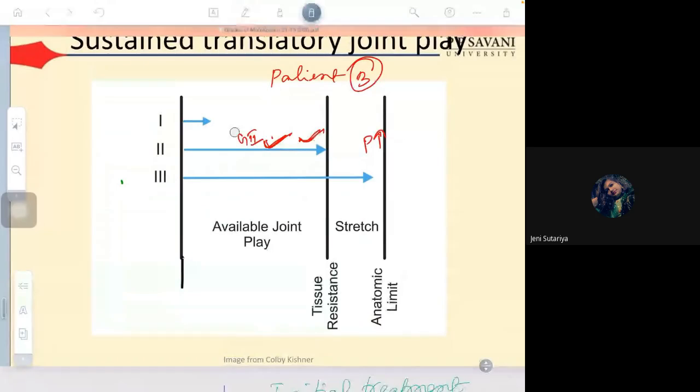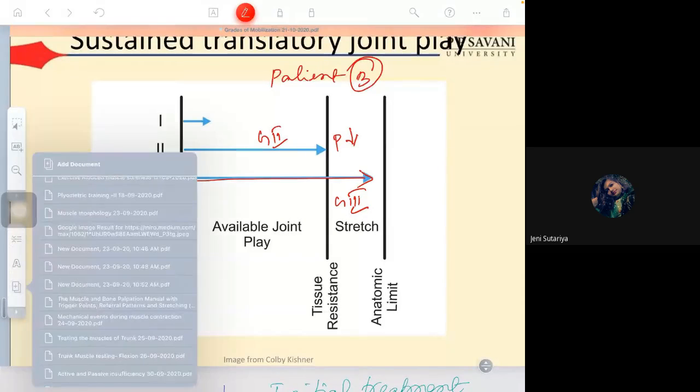But now patient B: first you had given initial treatment grade 2, pain is reduced, and directly you have given grade 3 distraction. Clear?